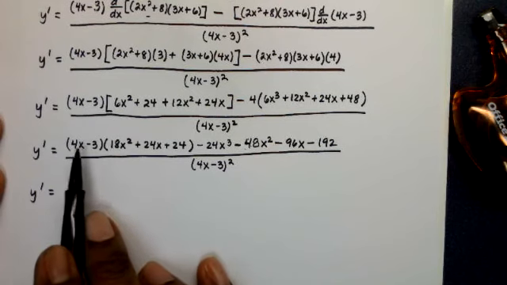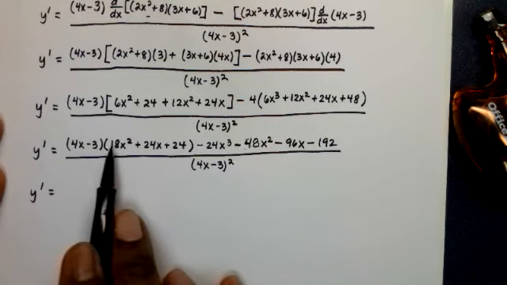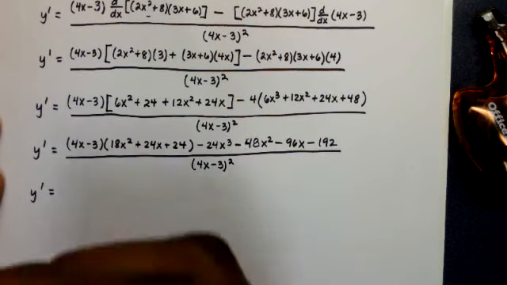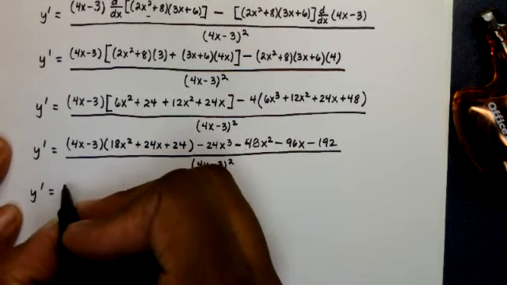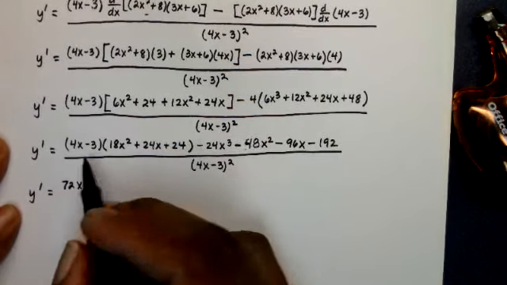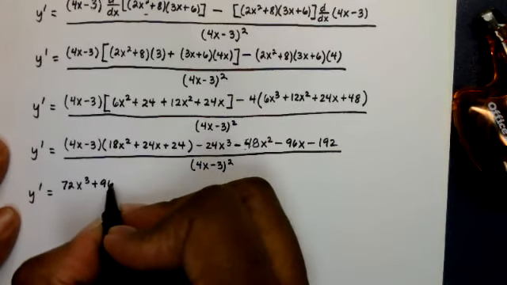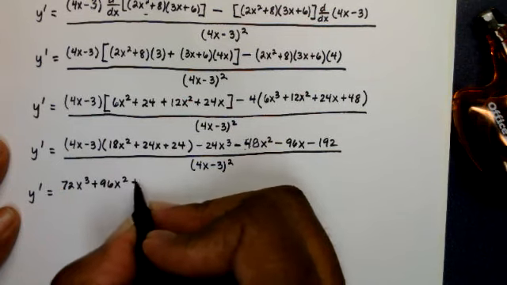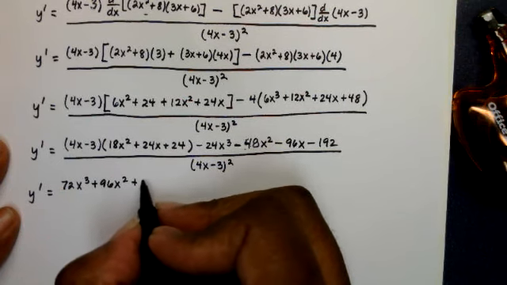that 4x minus 3, well, I have to do 4x times each and every term, and then minus 3 times each and every term. 4x times 18x squared will be 72x cubed. 4x times a plus 24x would be a plus 96x squared. 4x times the plus 24 would be plus 96x.